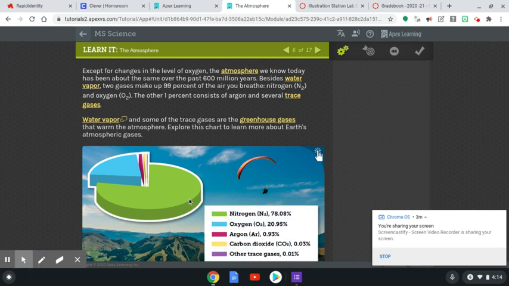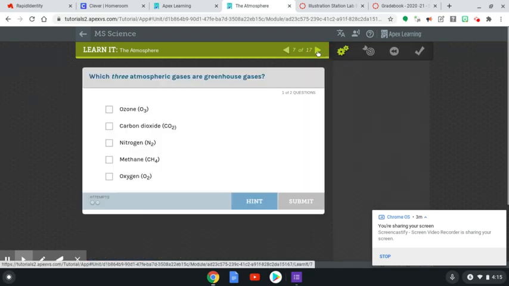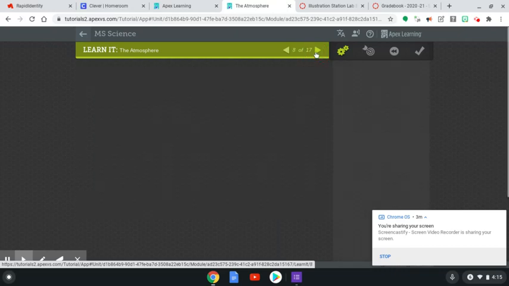So on yours we had nitrogen being the greatest amount, oxygen being the next greatest amount, then argon, carbon dioxide, other trace gases, and we had water vapor included on the graph that you drew. And there was a question that you answered.